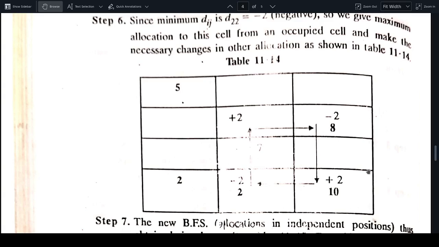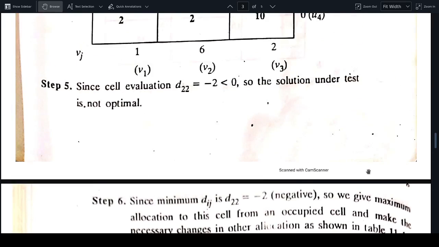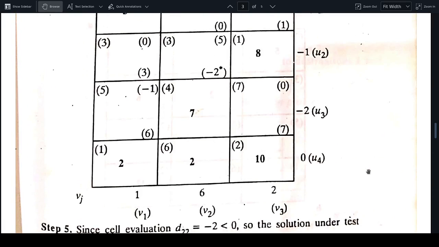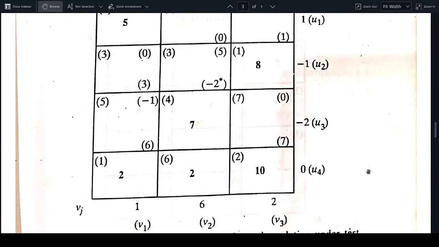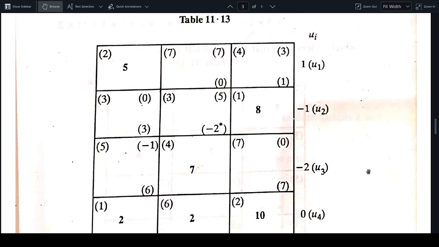So here we move in such a way that where allocations are present. The right hand side cell means cell number 2, 3. It is 2, 1. Or the upward cell is cell number 1, 2. And the downward cell is this one.